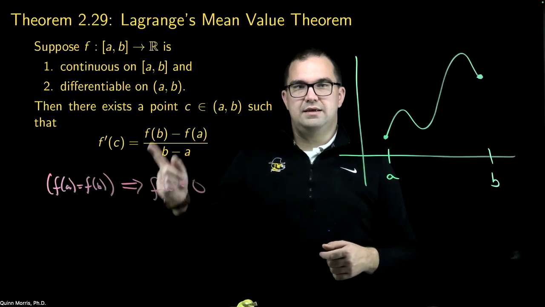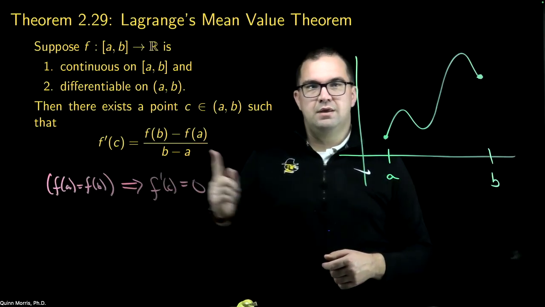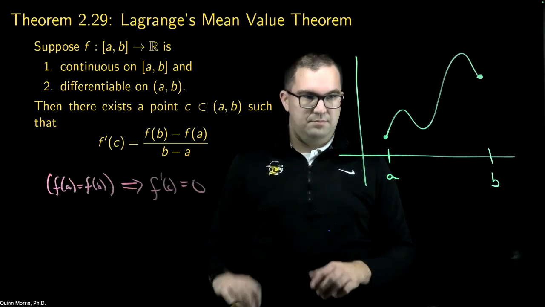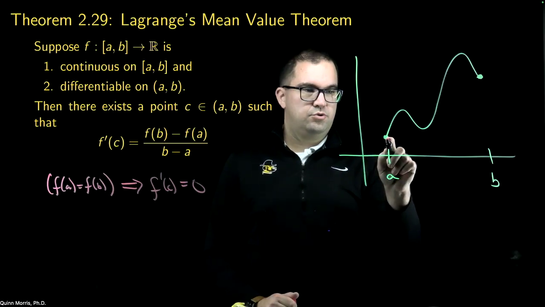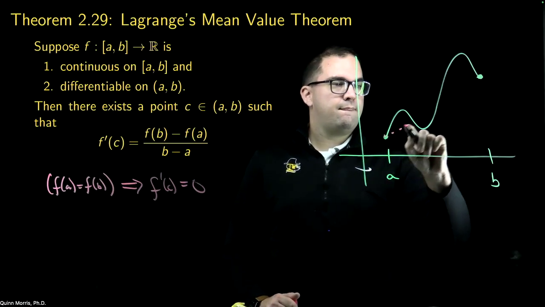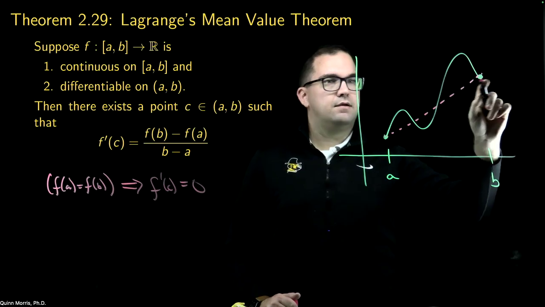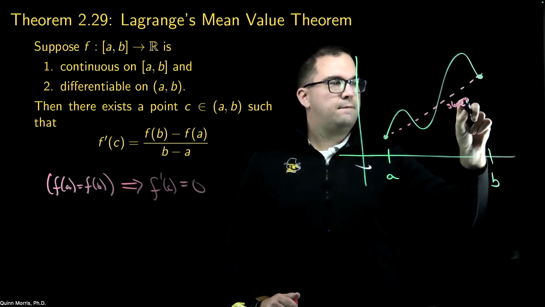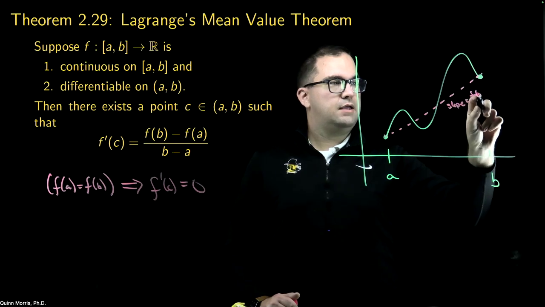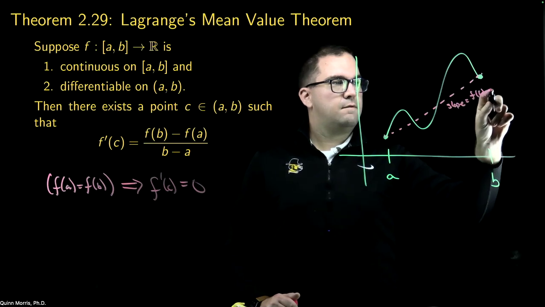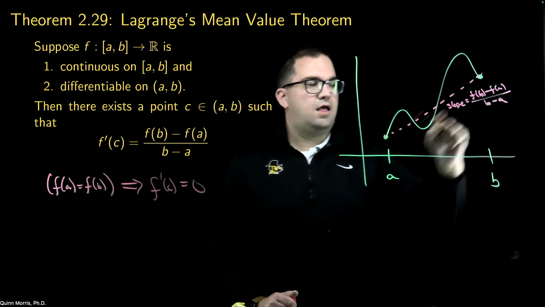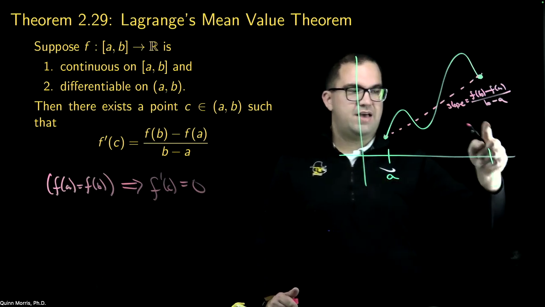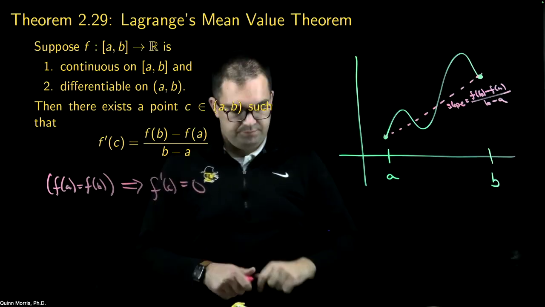This quantity on the right-hand side is the slope of the line between these two points. Okay. So this line here has slope f of b minus f of a over b minus a. It's the slope of the secant line between the point a, f of a, and b, f of b.